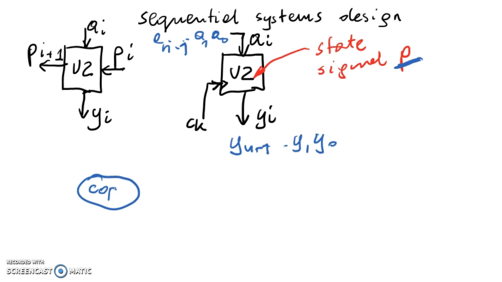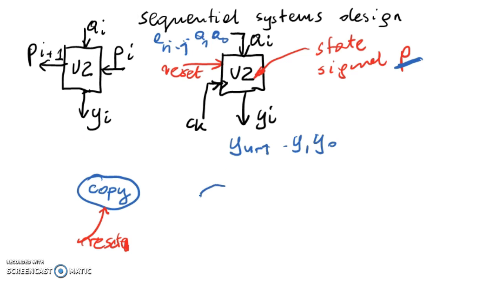We start with this just after a reset. So the reset is also needed if you'd like to start the operation. And the second state is an invert state.